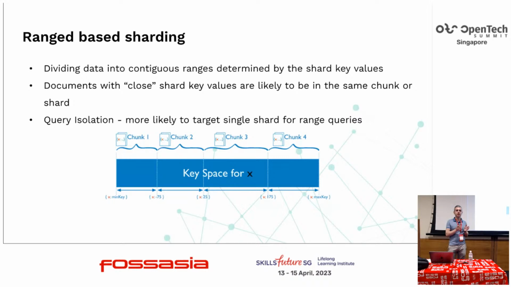So when we send a range query to the cluster, it's more likely that this range query will end up on a single shard, and with that, we have query isolation.